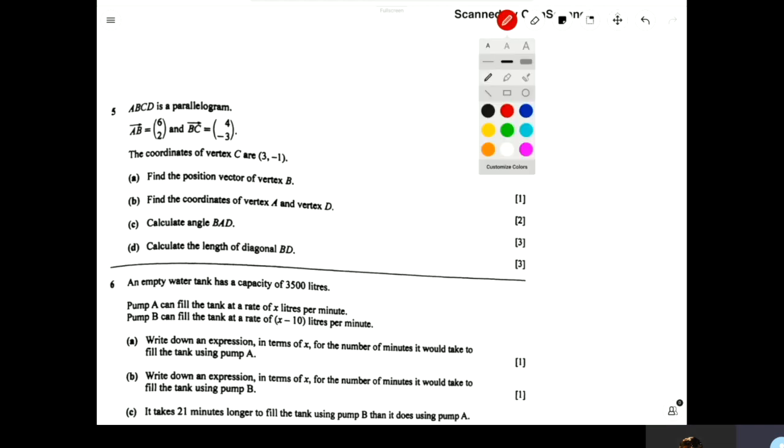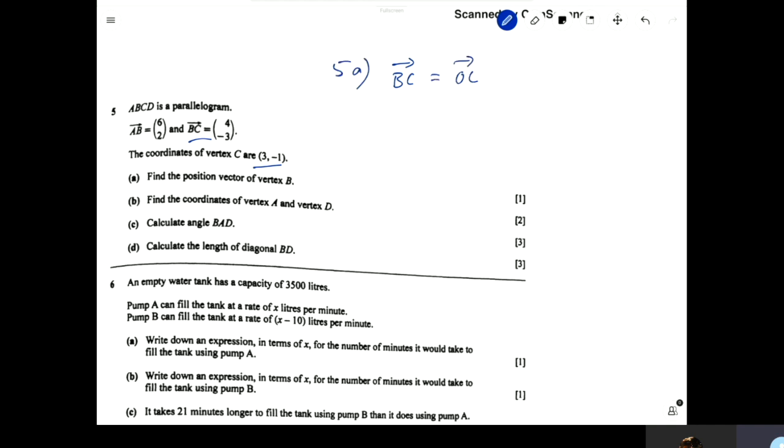Now to find vertex B, you need to look at B and C. Because BC is given, this is 5, 8. BC is actually equal to OC minus OB, correct? Memorize this, this is how you do it.